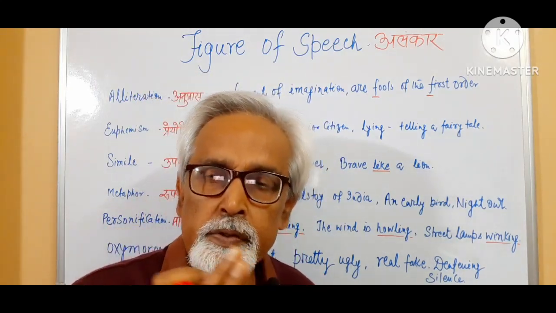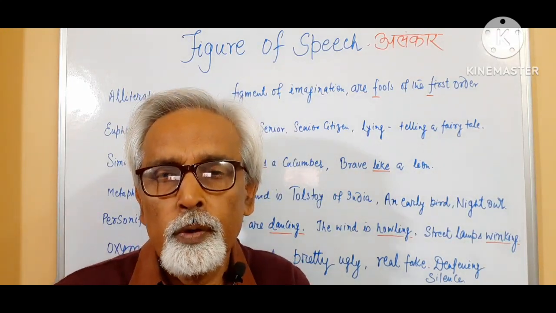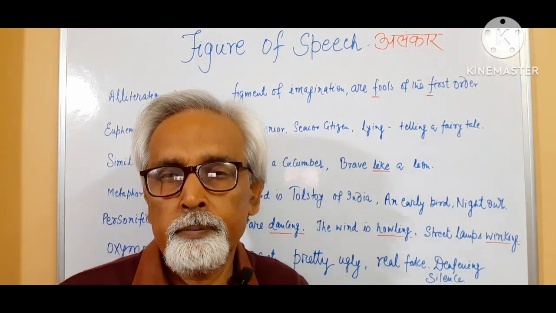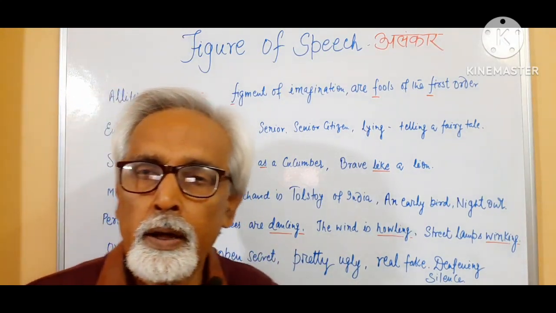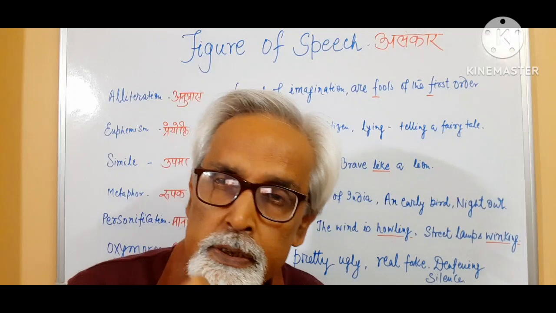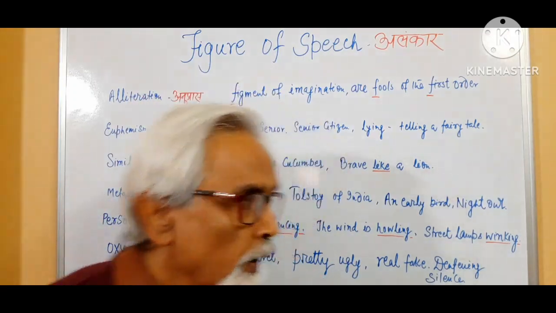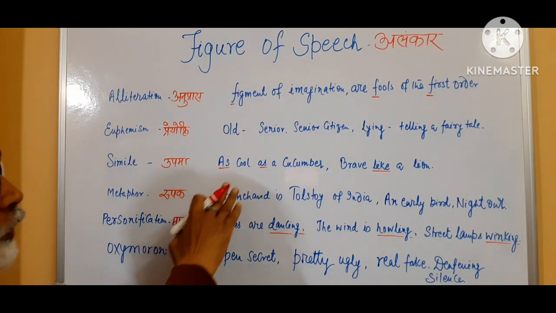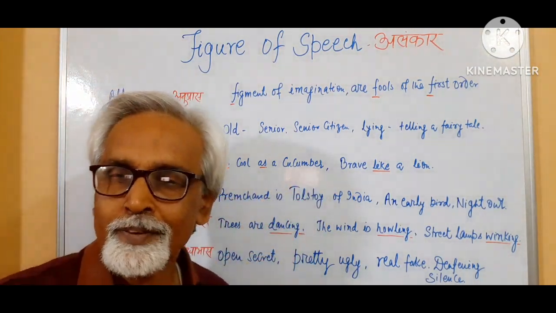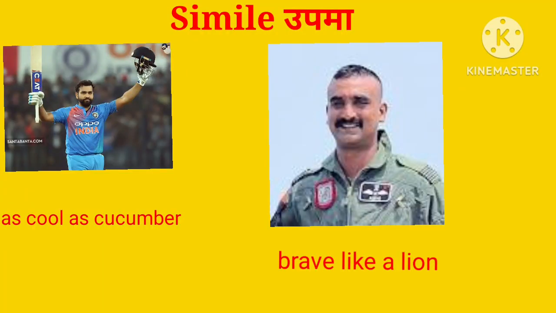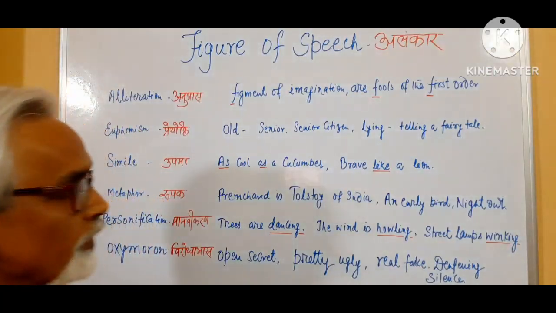So simile is a figure of speech which is used to show comparison between two objects, and here as or like is used to show the comparison. For example, Rohit Sharma is as cool as a cucumber. Clear? He's very cool. He's so adorable, our cricketer Rohit Sharma.